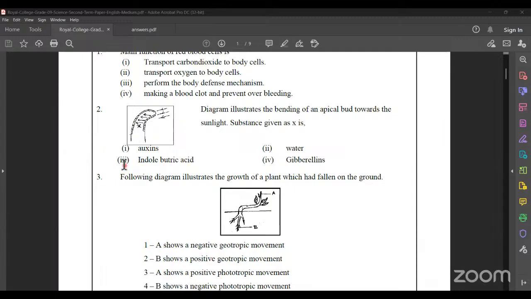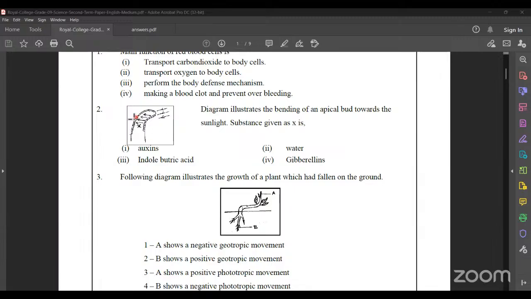When we consider water, it is not a plant growth substance, and we can't say X is water because they don't diffuse to the opposite side. And IBA, which means indole butyric acid, this is a type of auxin, but it is artificial. So in shoots and roots, there's natural auxin. Artificial auxin, we have to introduce it to the plant.